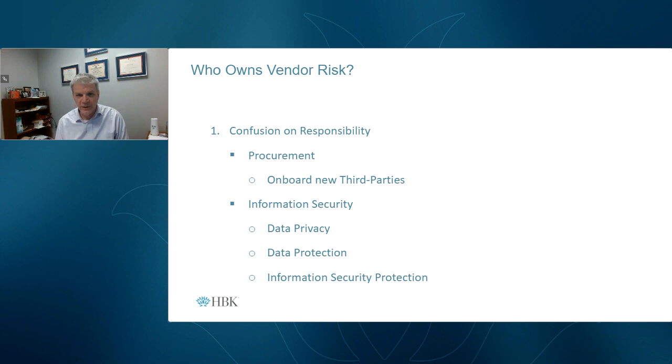Same type of thing with vendor risk. There's a little bit of a tug of war between procurement and information security. Information security definitely has a role because typically they're the people that know more about your data privacy and protection and overall information security. So I think they need to be involved, but they shouldn't own it.